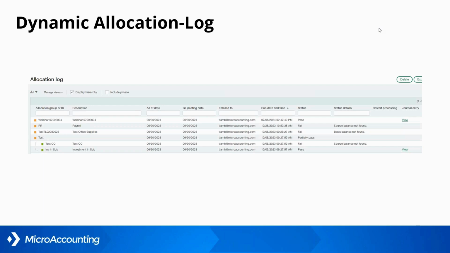So then I could go and tweak my allocation, make any changes to it that I want, and then go rerun that. So if you're not getting the results that you're quite looking for, you can delete that allocation run from the log, and then go fix the allocation and set it up and run it again. Check that until you get what you want. So if you are playing with the settings a little bit to make sure that you're getting exactly what you want for that allocation, then you can do that over and over again until you get that just set exactly like you want it to be working.